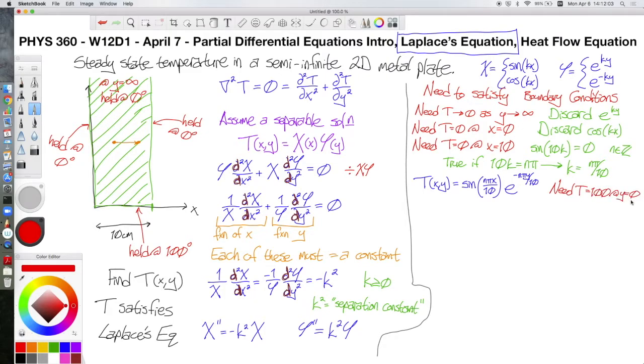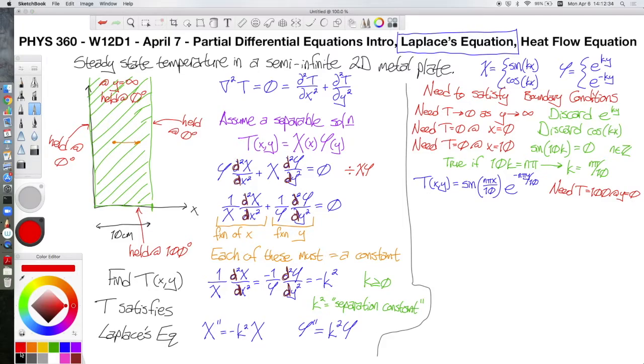Hopefully a little bit of staring at this will convince you that we can't satisfy this requirement just by picking some specific value of n. So we're going to need to do something a little more complicated here. Recall that if a function is a solution to a differential equation, and you have another function that is also a solution to that differential equation, then any linear combination of them is also a solution.